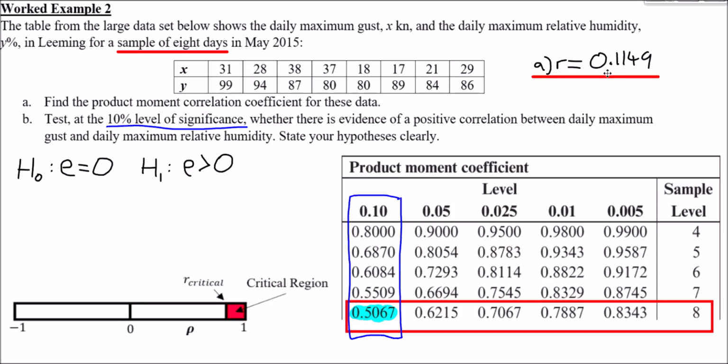So you can probably remember from the previous subchapter that R of 0.1149 is pretty damn weak. So 0.1149, our observed value is about here. So that's R observed, whereas a critical value of R, which we've just looked at from the table, is 0.5067.